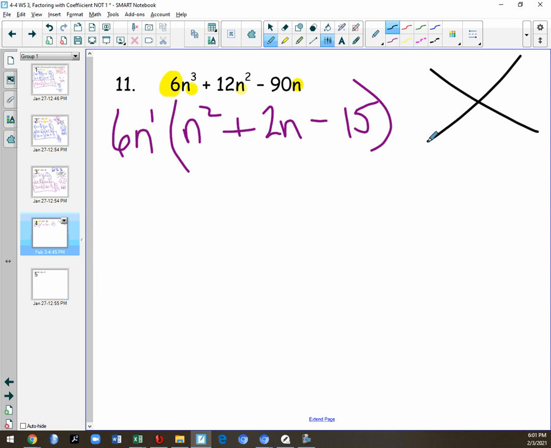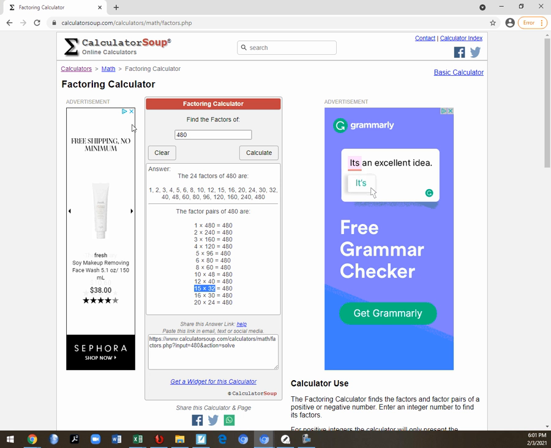So now I'm going to go over here, and I'm going to do my x. But this time I'm going to use the coefficient of 1 and 15 to give me a negative 15. And I need to get a positive, which means my signs must be opposite, and I have to subtract. Factors of 15 that whenever you subtract them will give you 2.